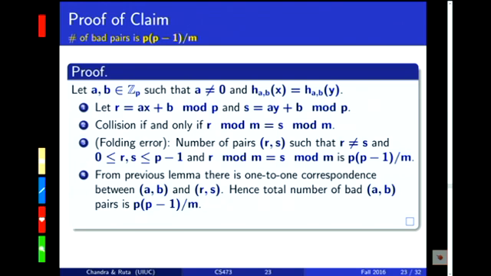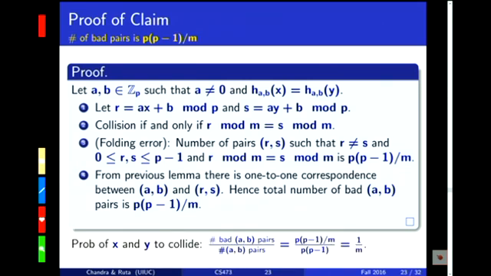And because we are picking one hash function at random from P times P minus 1 possible hash functions, and at most P times P minus 1 over M are bad, the probability is the number of bad hash functions divided by the total number of hash functions, which is P times P minus 1 over M divided by P times P minus 1, which is 1 over M.